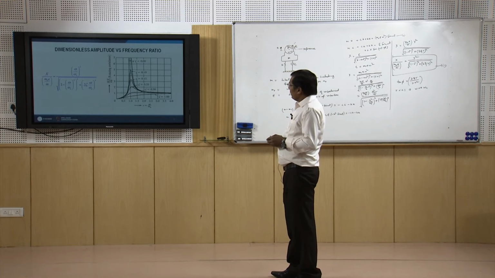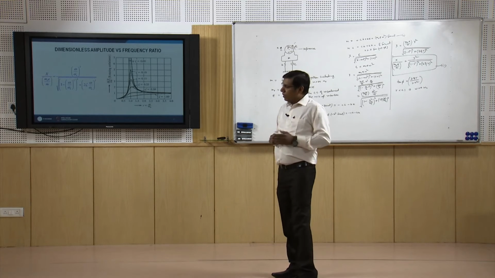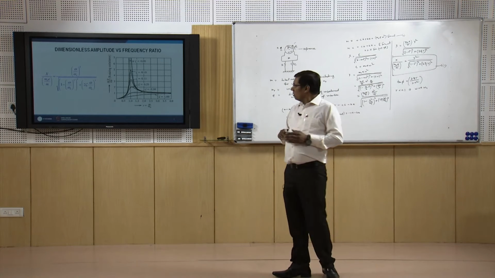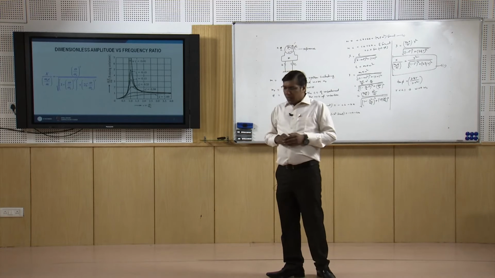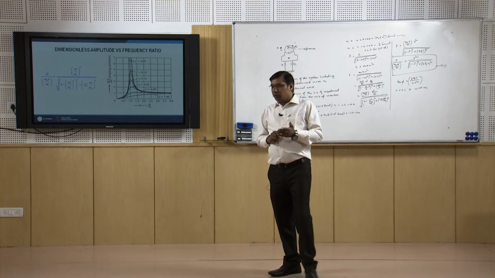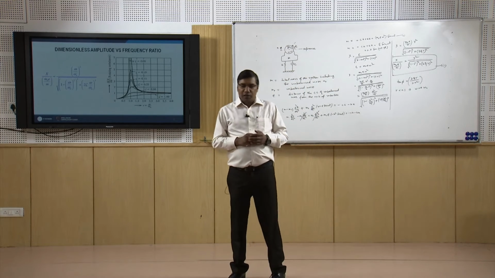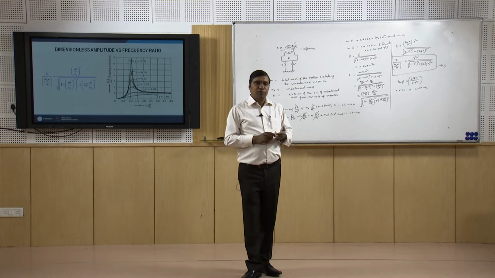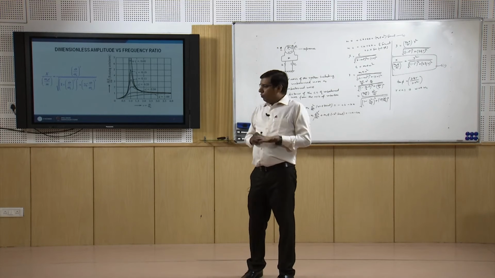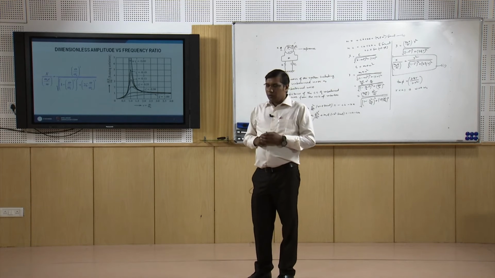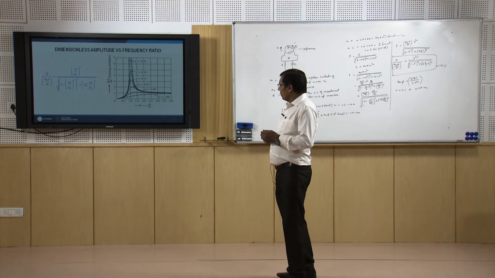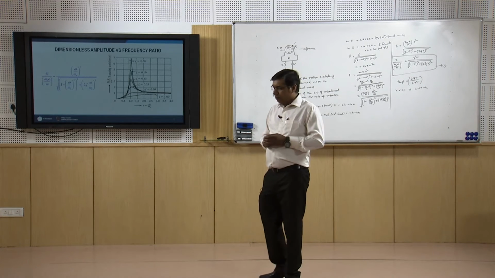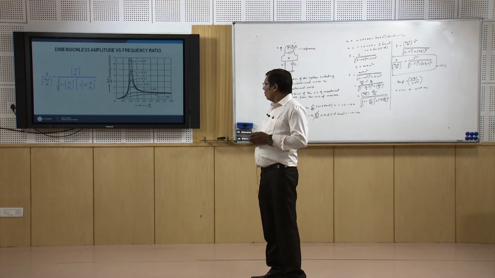Moreover, if we increase the damping, even at resonance the amplitude is lower, and therefore we should avoid the operating speed at resonance. However, if we have to pass through the resonance speed, we should increase the damping so that the amplitude is lower.